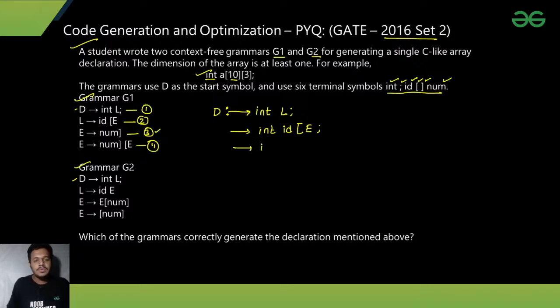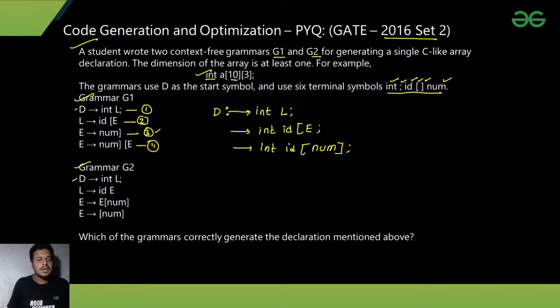Instead of this E, we will place num and closing braces. But if we use production rule 3, then it will be at the end, and we cannot generate the next statement, that is 3. So it won't be the correct one.